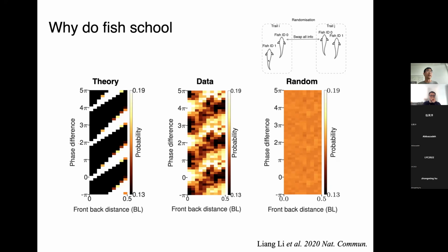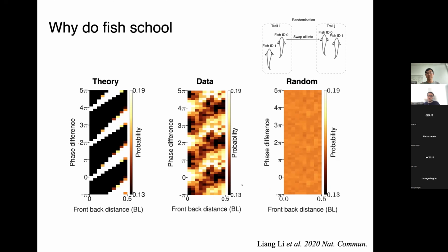They also don't have any visual connections. They are completely separate experiments and separate individuals, and we can still analyze the relationship between phase difference and front-back distance, and then we find the linear pattern disappeared. So this indicates that these two fish have to interact with each other to perform this phase difference and front-back distance.